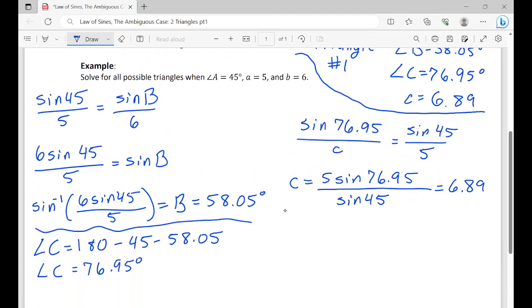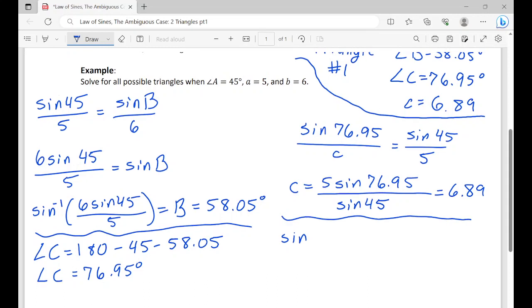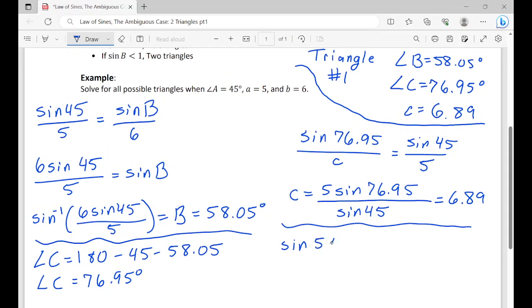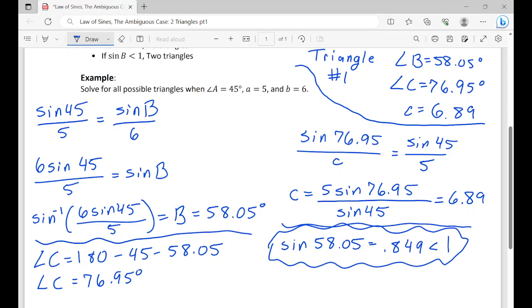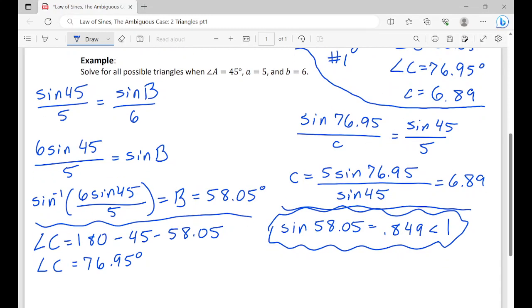So if we were to do sine of 58.05, we would end up getting 0.849 whatever. And this is definitely less than 1. So knowing this fact here shows that we have two triangles. So we know what triangle 1 is. Let's go find triangle 2.